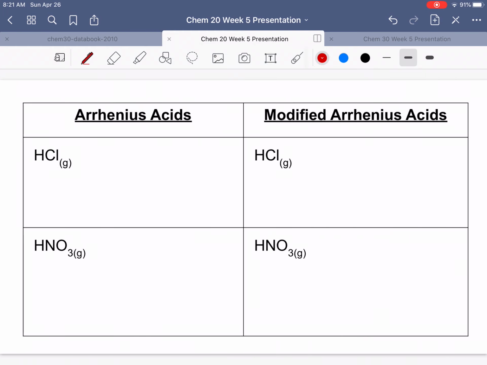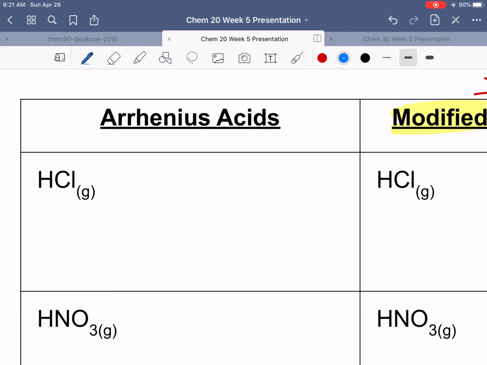Okay. So let's play around with these a little bit. We have Arrhenius acids, the old way of thinking of it, and we have modified Arrhenius acids, the new way of thinking about it. And remember what I said, that this modified version needs to be your focus now. But I still want to recap both ways so you're really clear on how to do this.